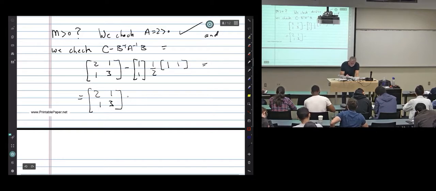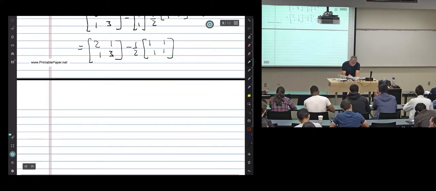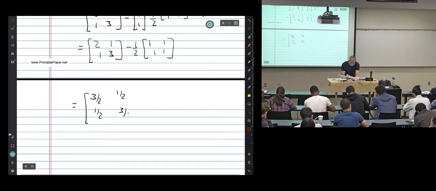You get minus a half, and then 1, 1, 1, 1. Equals 3 halves, 1 half, 1 half, 5 halves.